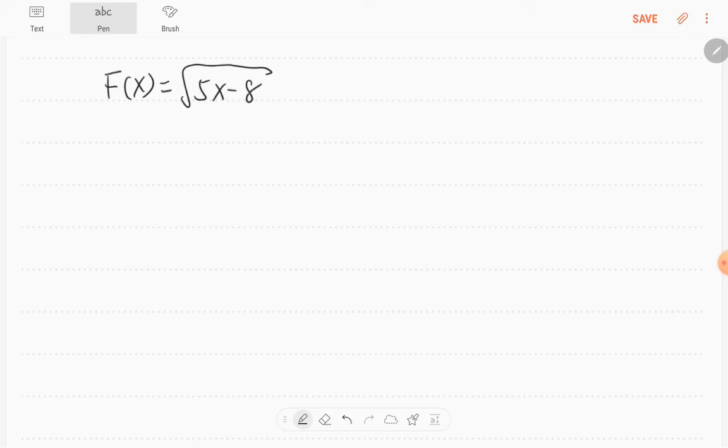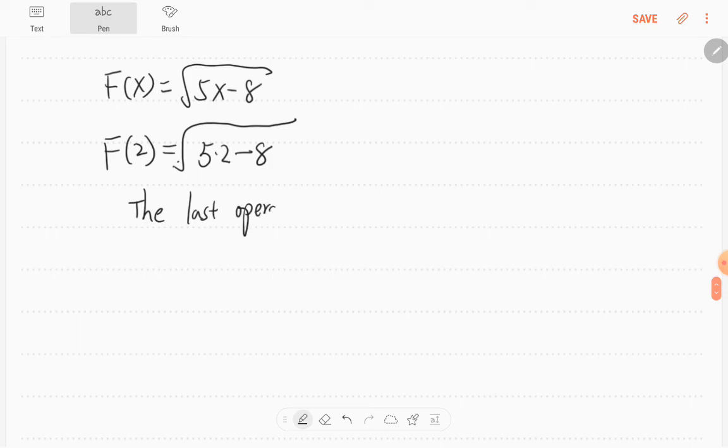Do you remember how to evaluate F of 2? We multiply 5 by 2, then subtract 8, then take the square root. So what is the last operation when you evaluate this function?